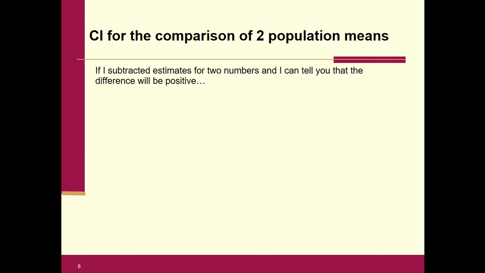If I subtract estimates for two numbers, and I tell you that the difference will be positive, so we have two numbers, calling them A and B, and I tell you that the difference between A and B is going to be a positive number, just think about that.